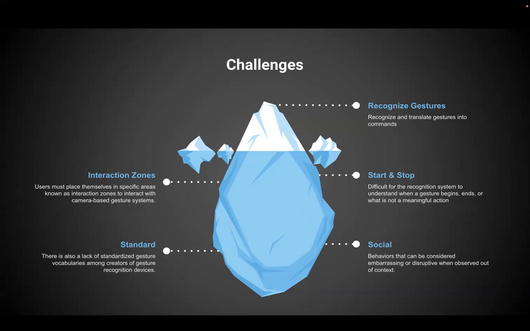The second challenge we're going to face is start and stop. It is difficult for the recognition system to understand when the gesture begins and what is not a meaningful action. And the third one is the standard.